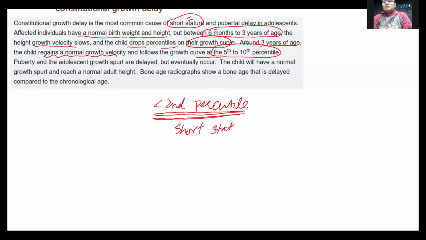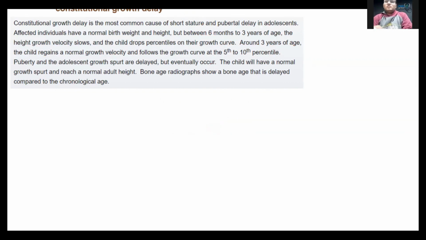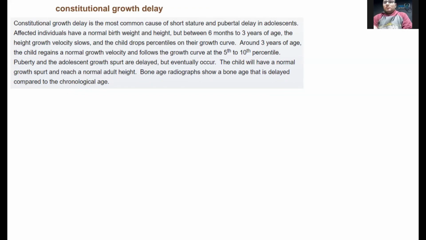But after 3 years of age, that child will attain greater than the second percentile, like 5th, 6th, 7th, 8th, 10th percentile. So it will be normal. Eventually this child will have a normal growth spurt and reach normal adult height. Next, the bone age radiograph shows bone age that is delayed compared to chronological age. Is that clear? Okay, going to the next.